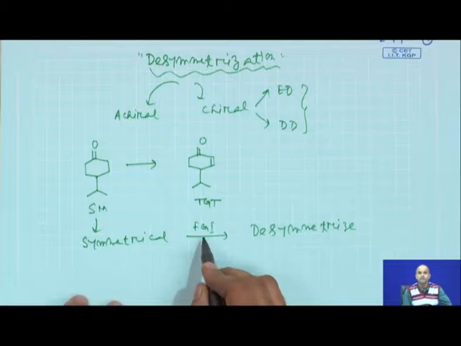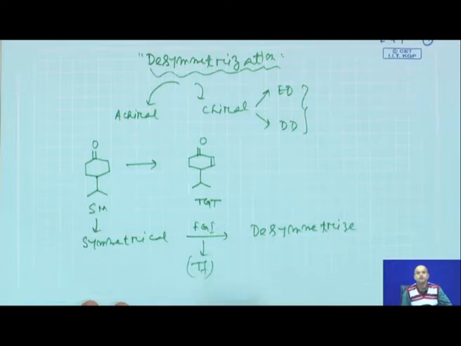Now, how do you do the FGI? These FGIs are the key transformations we have already discussed. The FGIs are very simple, the same FGIs you have already learned, and we will use those. But the concept is that the starting material will be a symmetrical starting material, and you need to do it in a straightforward, simple way.